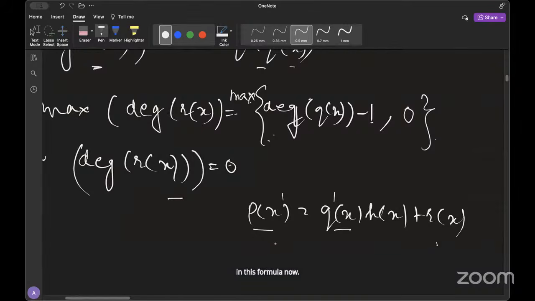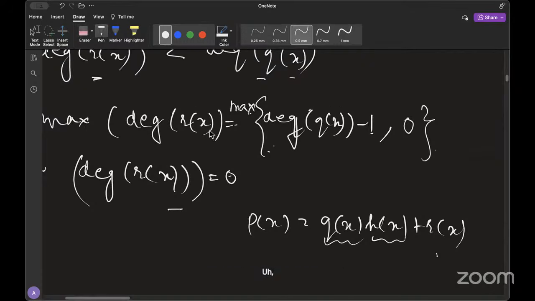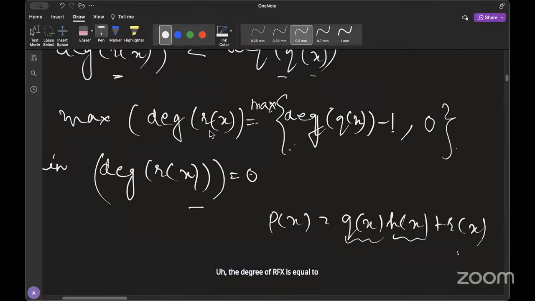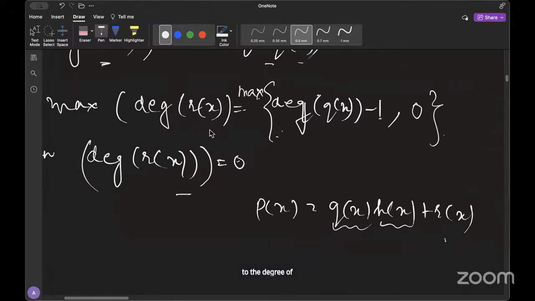Now we don't need to remove the condition. Ma'am, Q(x) is the quotient, right? No, it's the divisor. If that is the divisor, then the degree of R(x) is equal to the degree of Q(x), isn't it?